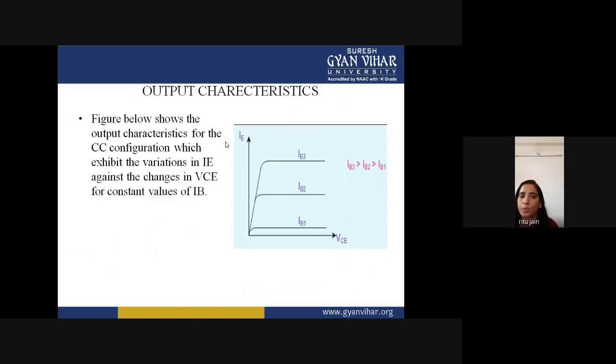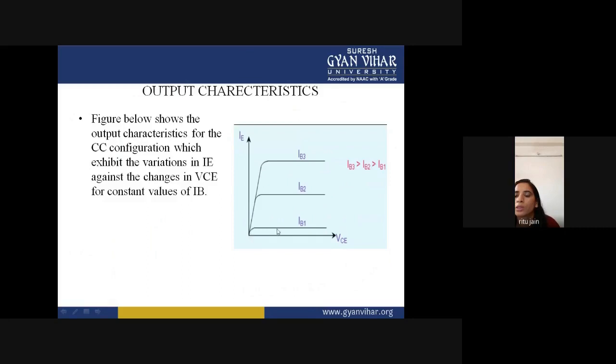So what is your input current in this configuration? Input current is your base current. You have seen that here we are drawing three output characteristics, taking different values of IB1, IB2 and IB3, where IB3 is greater than IB2 and IB2 is greater than IB1. So let's talk about your first characteristic.